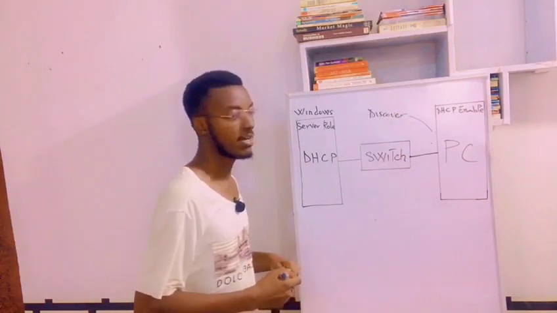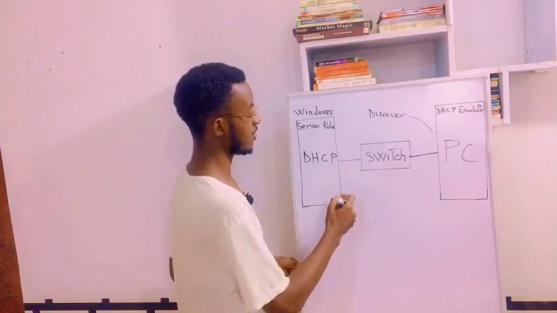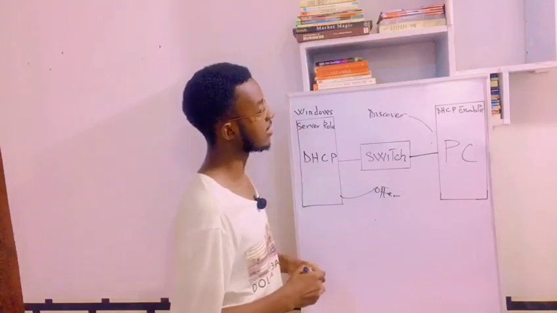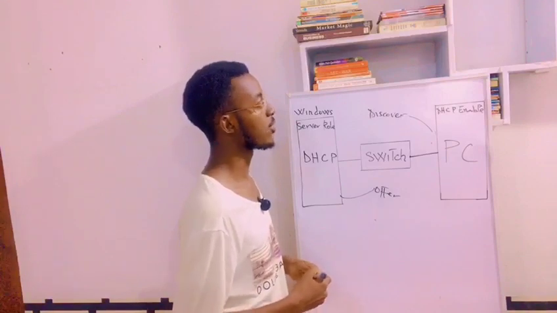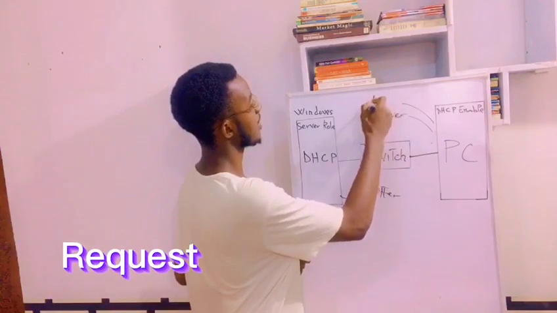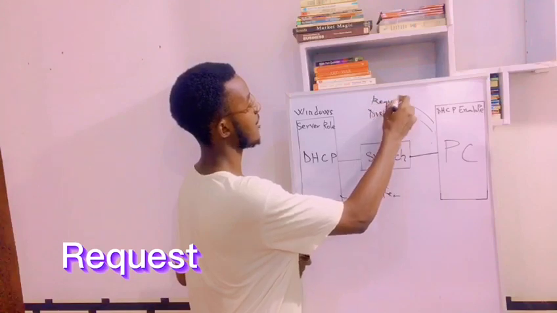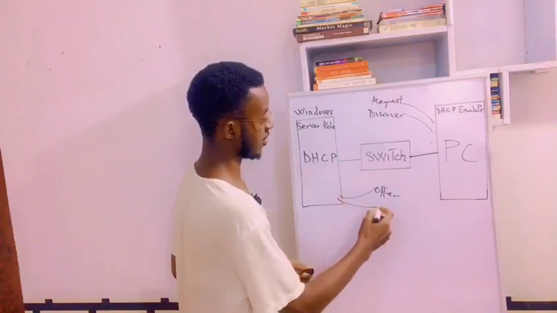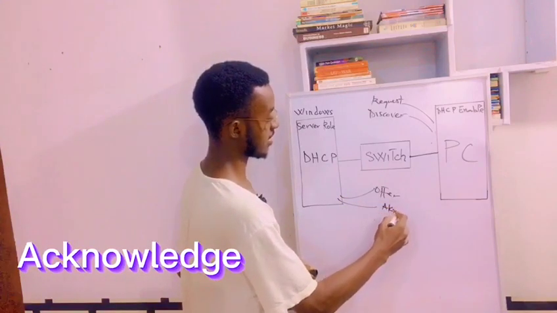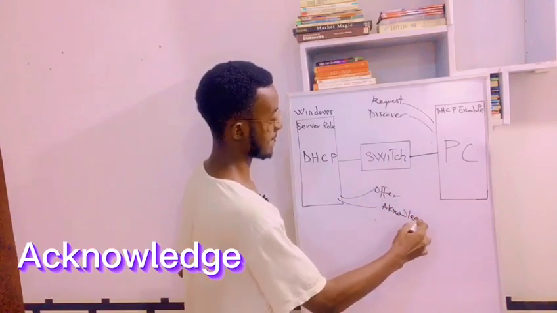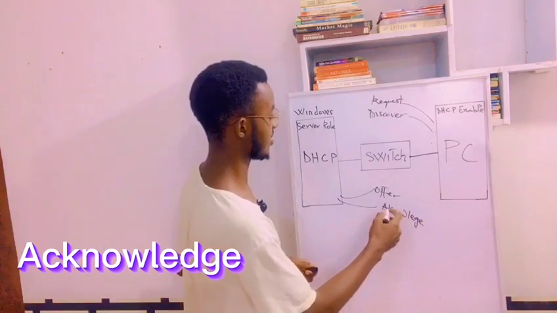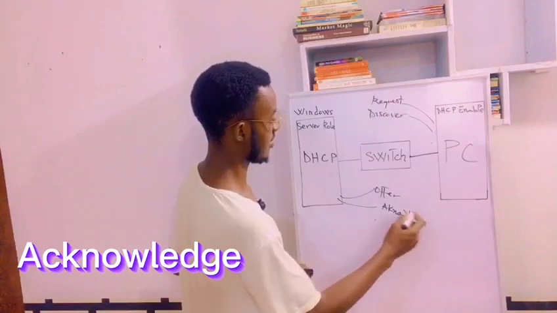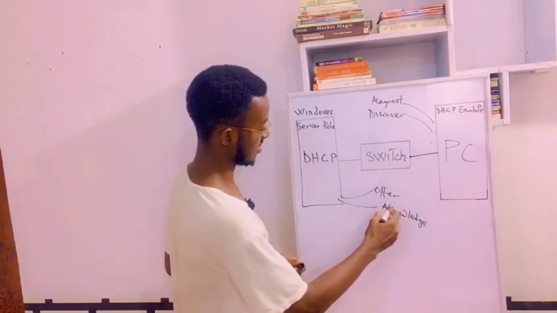And then the DHCP server responds with a DHCP offer, and the client machine responds with a request accepting the offer, and the DHCP server sends back an acknowledgment message.